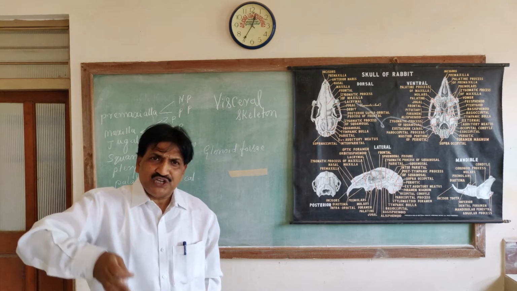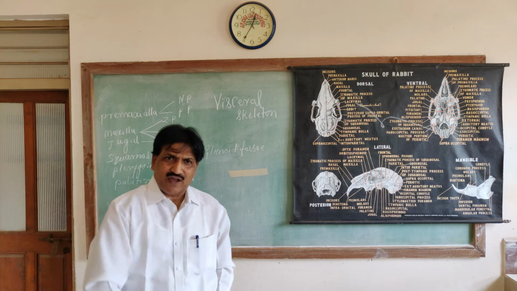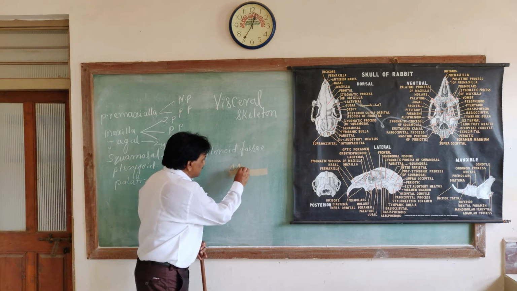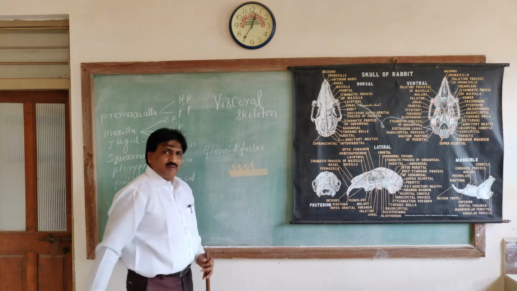Depending upon the position of the teeth, they are classified as acrodont. Acrodont means the teeth are present on the surface of the jaw bone. Just imagine this is a jaw bone.